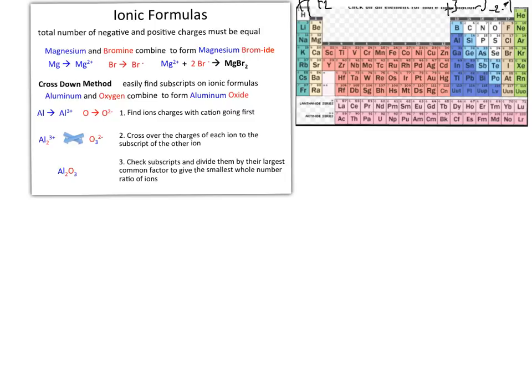There are different oxidation states, but these are the typical oxidation states that we're going to see. Also remember that the transition elements form multiple different oxidation states in most cases. But being familiar with these groups here will allow you to answer most ionic nomenclature questions.